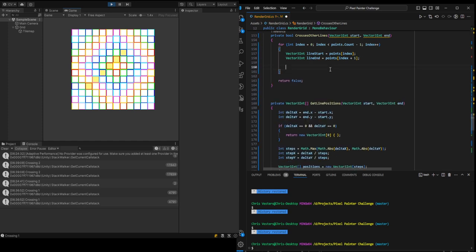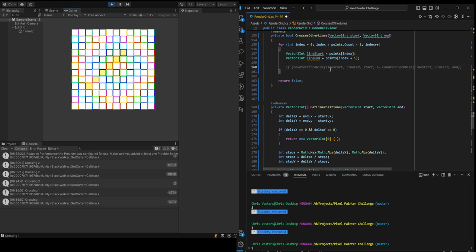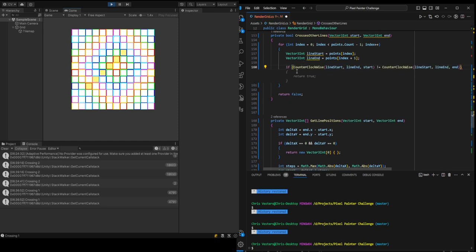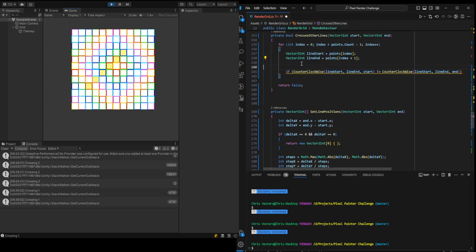Then it's just counterclockwise. Also, he does both. ACD different from BCD, ABC.